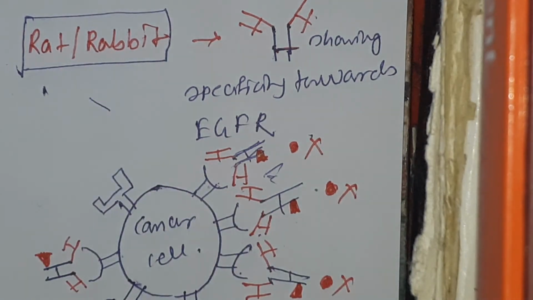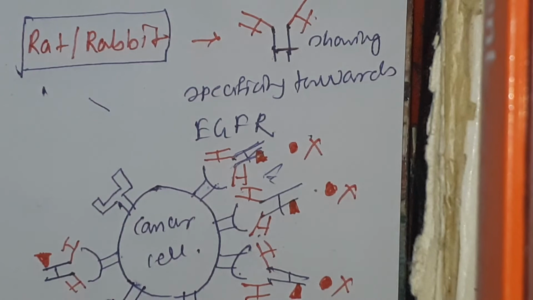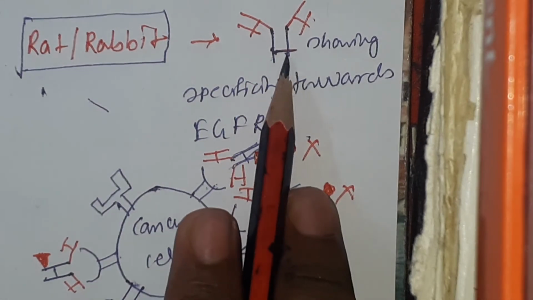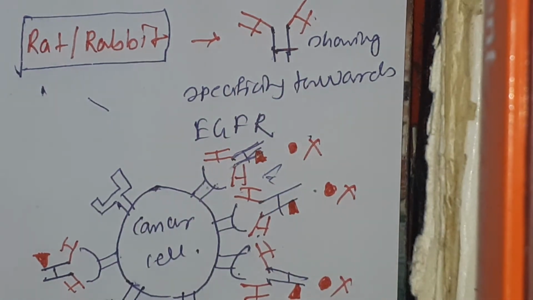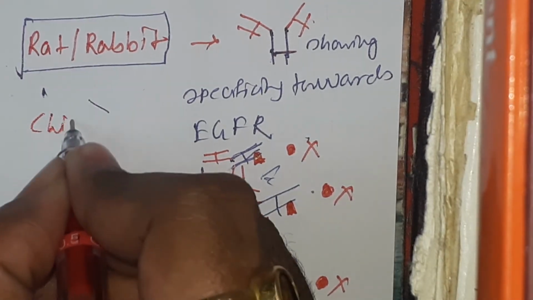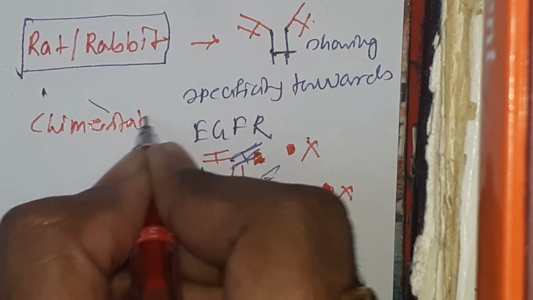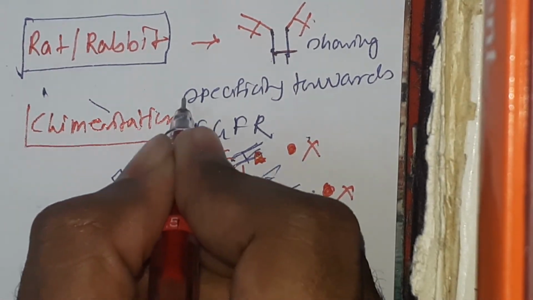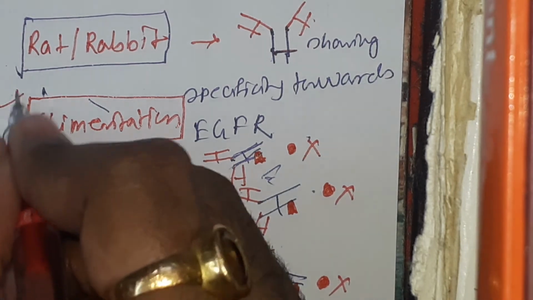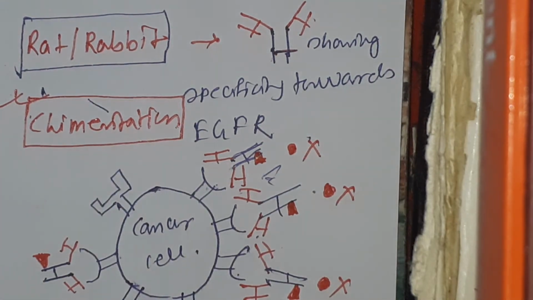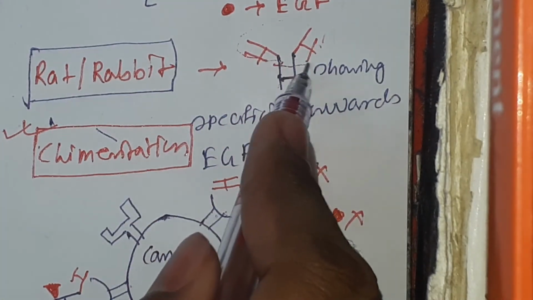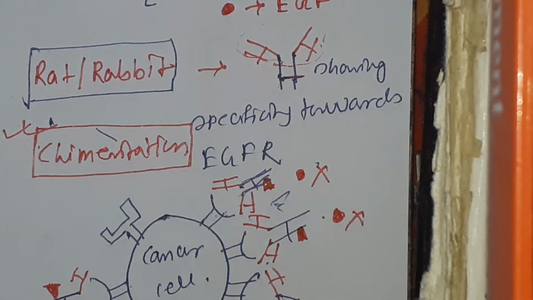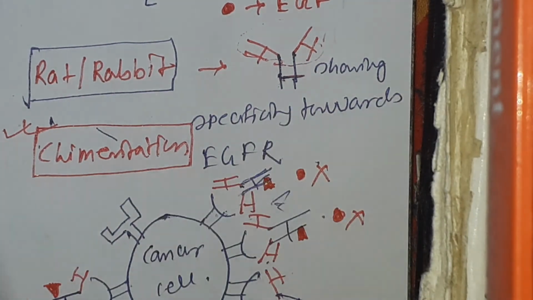But as a solution, we will prepare the FC region with the help of human antibodies, right? We can do this with the help of a process called chimerization. This chimerization is a process of hybridization, and this is a process of genetic engineering by which we have the ability to produce an antibody of which the FC region is from one species and the FAB region is completely from another species.